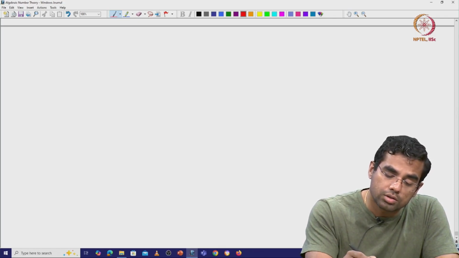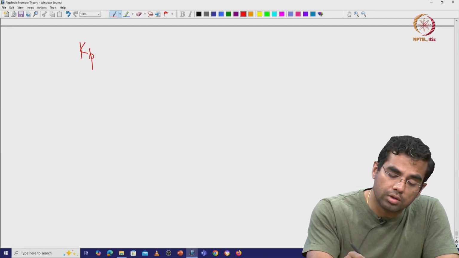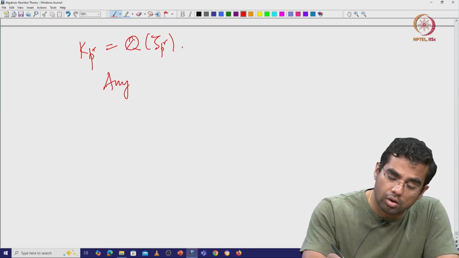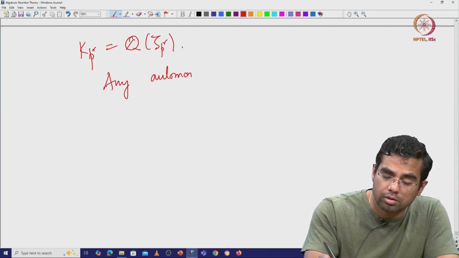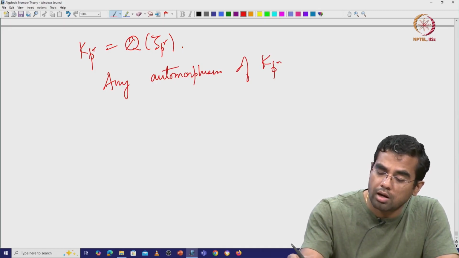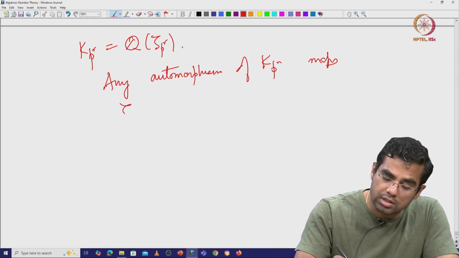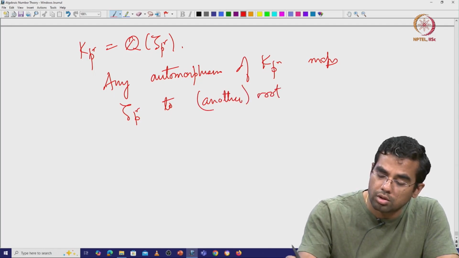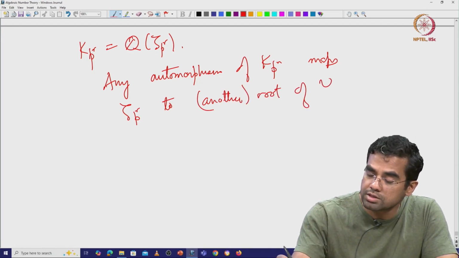So, you see that K p to the r is Q(zeta p to the r). So, any automorphism of K p to the r maps zeta p to the r to possibly another root of psi p to the r of x equal to 0.